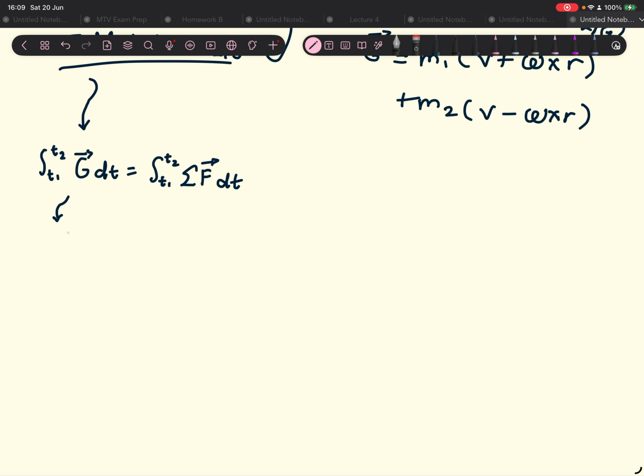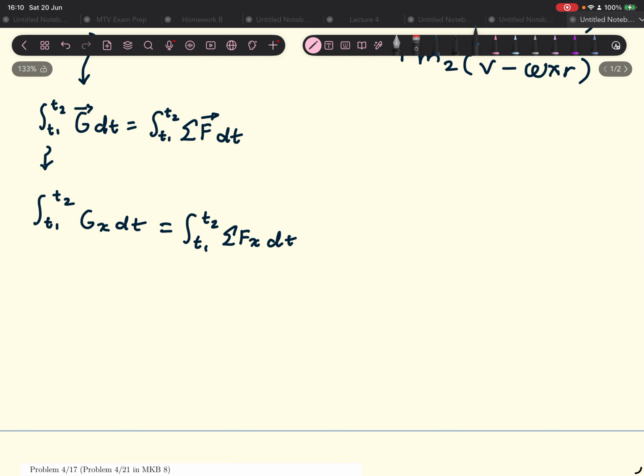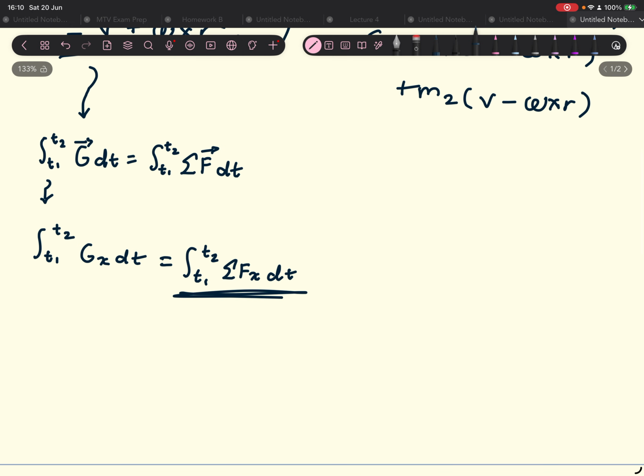So another thing we can do is split this up into its different components. So let's say we were only looking at the x component, right? Then if we wanted momentum to be conserved in the x direction, then we need the sum of forces in the x direction to be 0.